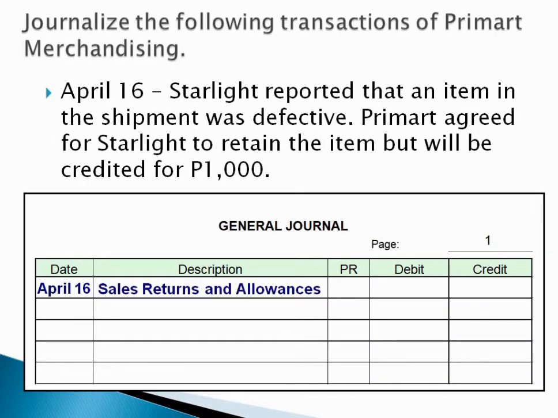If there is a debit, there must be a credit. What account must be credited? Accounts receivable. Because remember, the sale to Starlight prior to this date was on account. So the accounts receivable of Primark from Starlight must be credited in order to decrease it due to the price reduction.